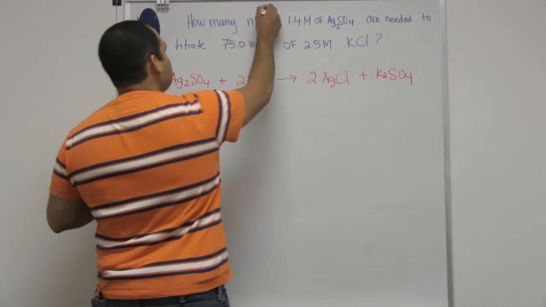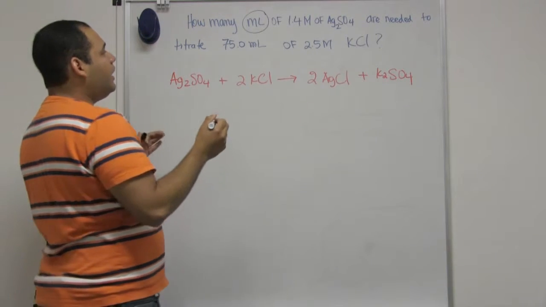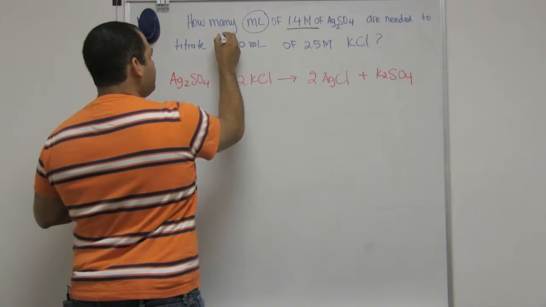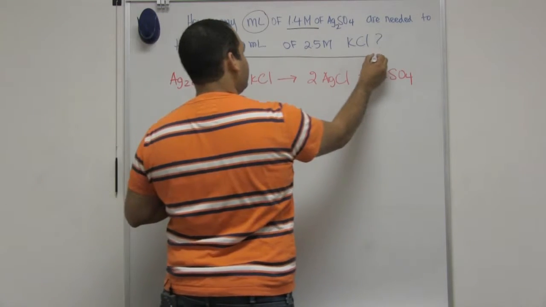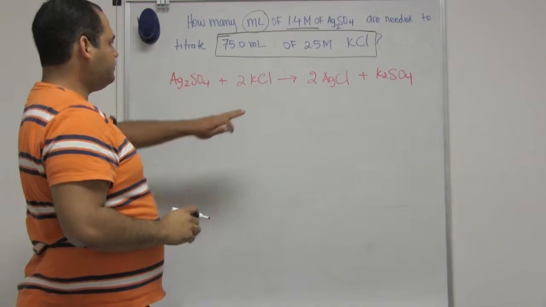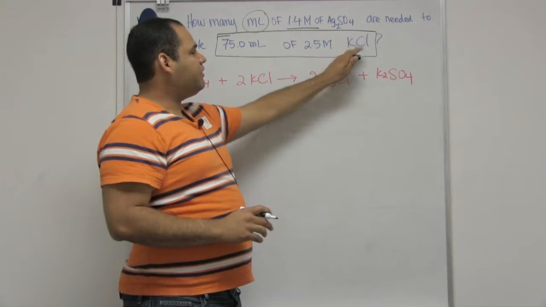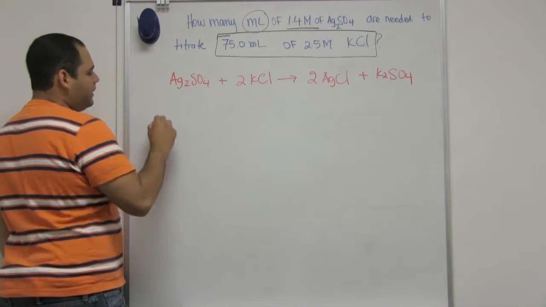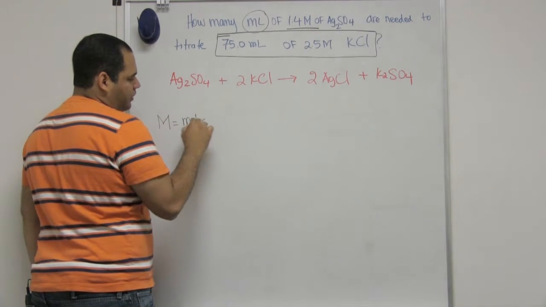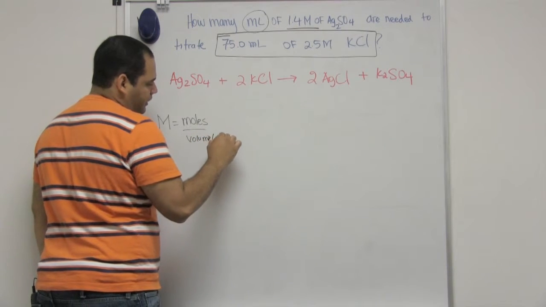First, it is asking me for the volume, and I have the molarity on here. So if I'm doing a titration using 75 milliliters of 2.5 molarity of KCl, I know that molarity is equal to moles over volume in liters.